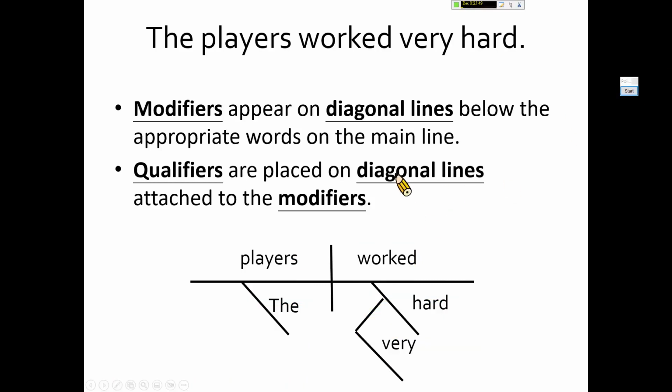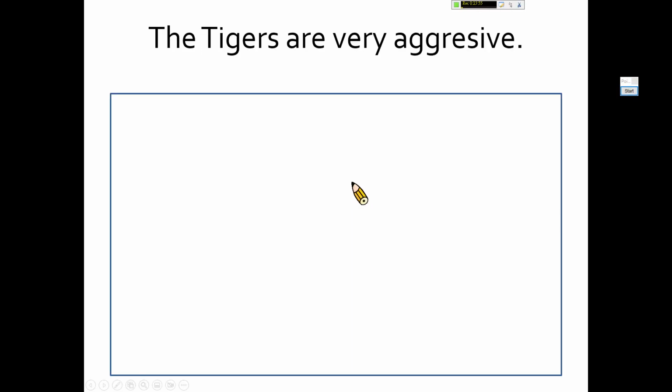So far, any question? Okay, if not, then let's move on to the next one. I want you to draw this one. I'll give you 2 minutes.